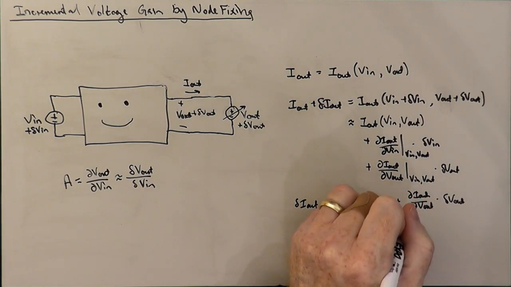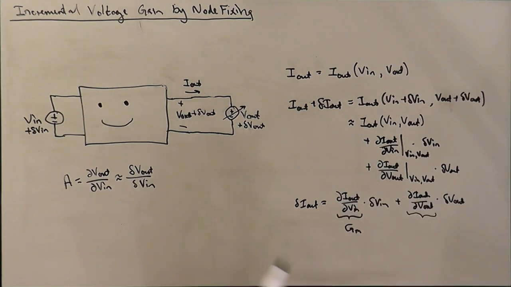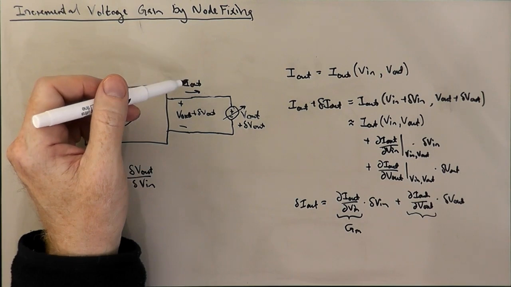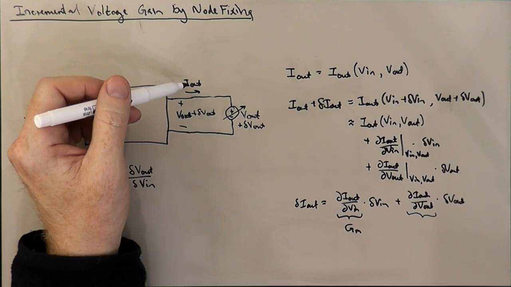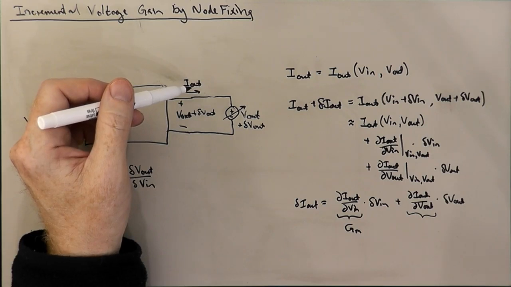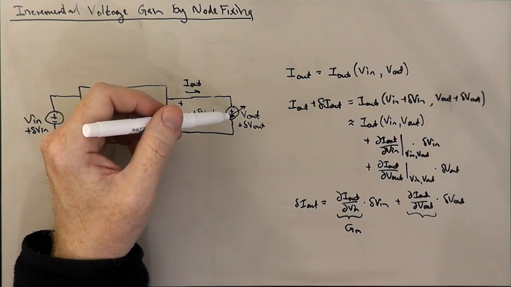This is related to something that we've talked about before. So this is a change in the output current, a change in the current flowing out of the circuit for a change in the output voltage. Now, that is formally related to a driving point conductance of the output port. So it's a change in current for a given change in the voltage at that same point in the circuit.